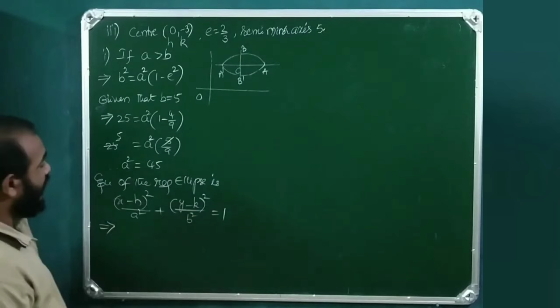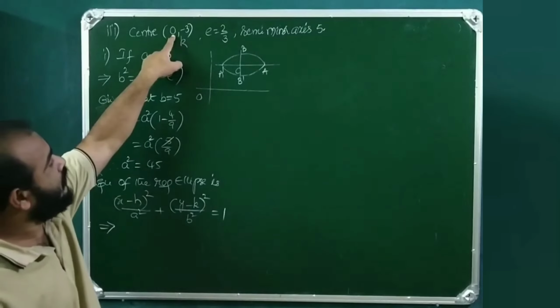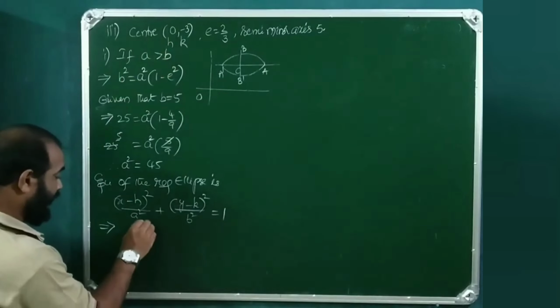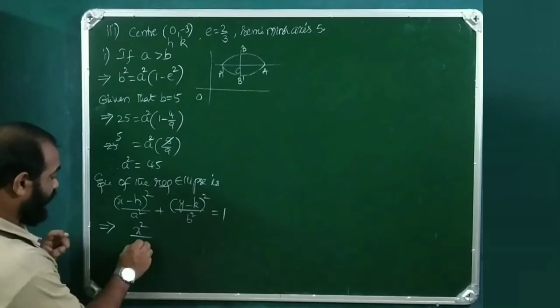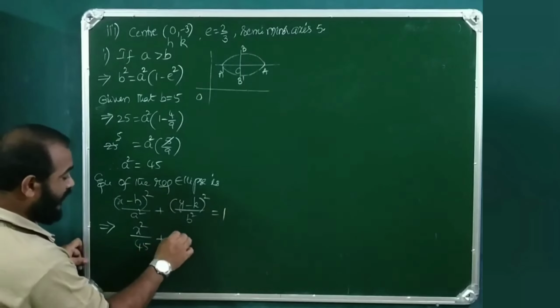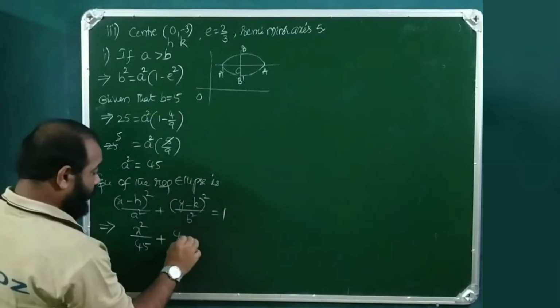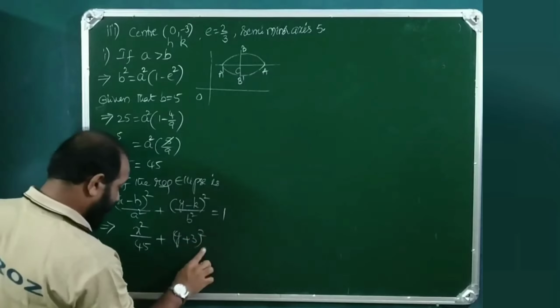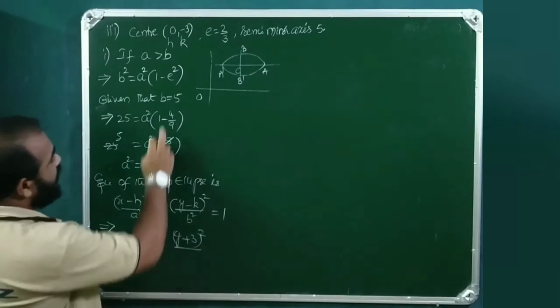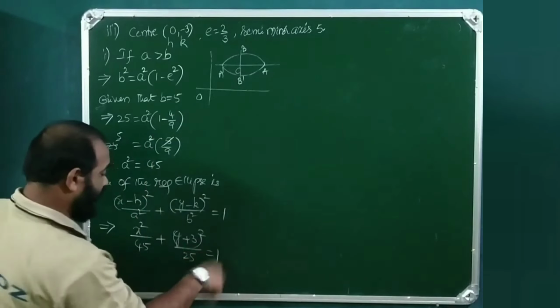So this is (X minus 0) whole square, so X square by A square, which is 45, plus (Y minus of minus 3), so (Y plus 3) whole square by B square, which is 25, equals 1.